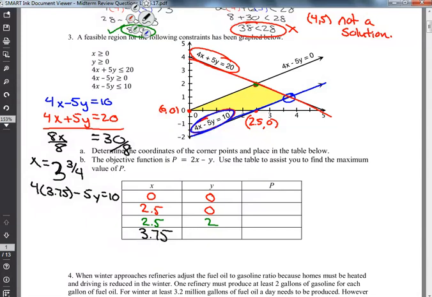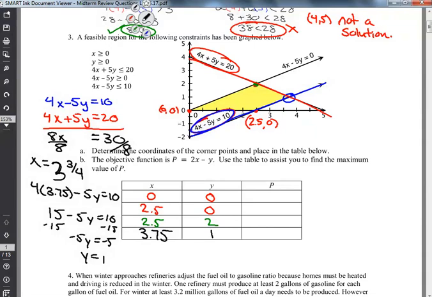So 4 times 3.75 is 15. Minus 5y equals 10. Subtract 15. Negative 5y equals negative 5. Divide by negative 5, y equals 1, which looks correct to me.